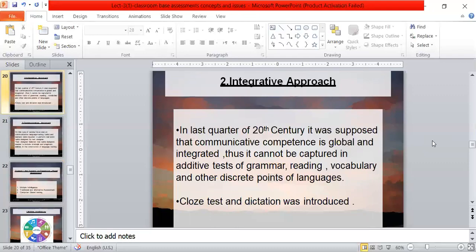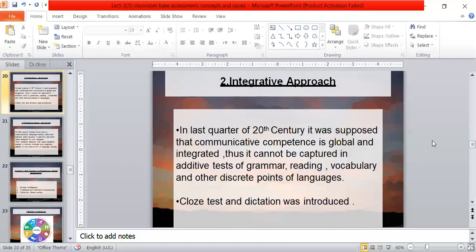Integrative approach. In the last quarter of the 20th century, it was supposed that communicative competence is global. So around the globe, people were asking about competence in communication. That is why it was integrated in the system of learning.